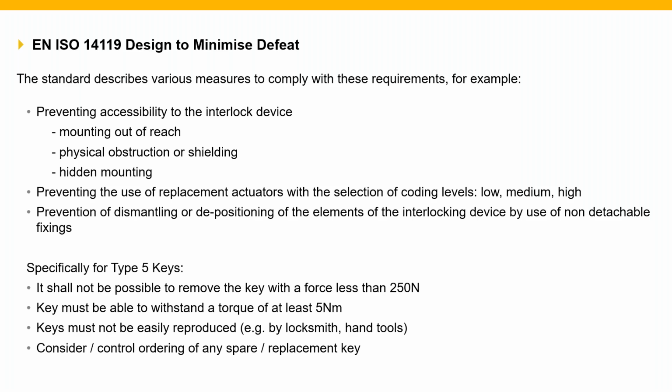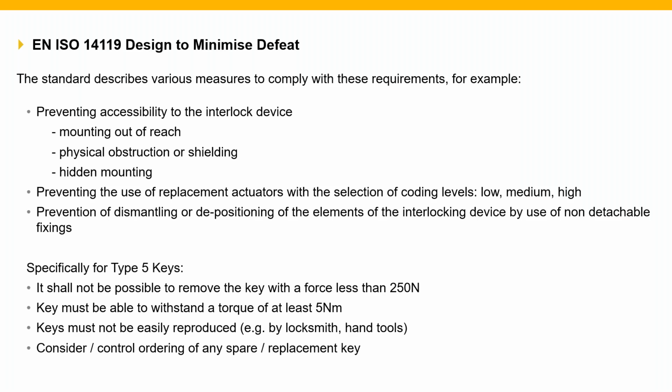We need to ensure that we can prevent the use of replacement actuators. So this is coding on type 3 and 4 switches, and again, there are different levels of low, medium and high coding. We need to prevent the dismantling or the depositioning of the elements, so non-detachable fixings, making sure you have to use a tool and things like that.